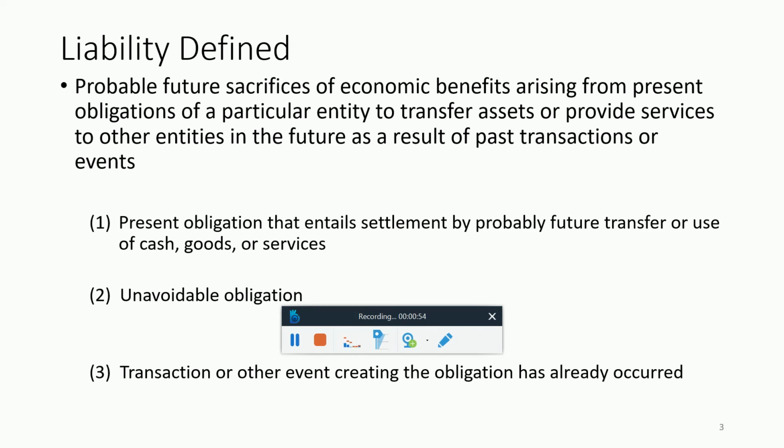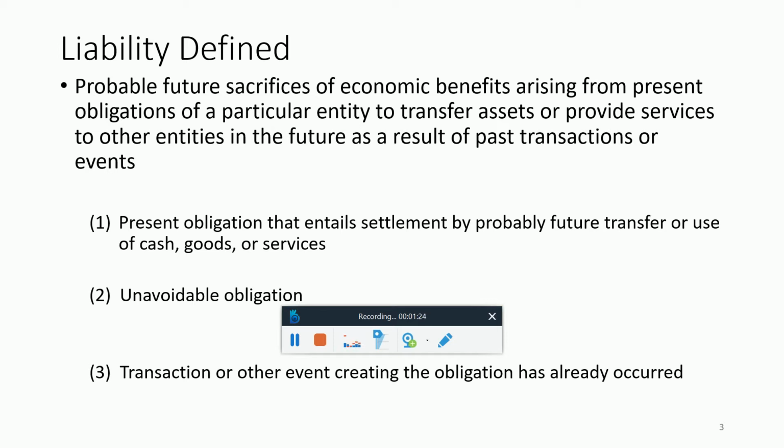So before we really get into a discussion tonight about the different types of liabilities, it's important first to make sure that we understand what a liability is. The definition of a liability is that there is a probable future sacrifice. That probable future sacrifice primarily is going to be an outlay of cash, but it doesn't have to be. And it needs to arise from a present obligation.